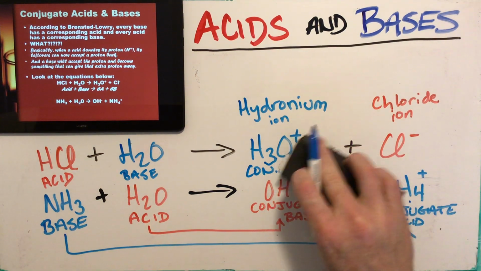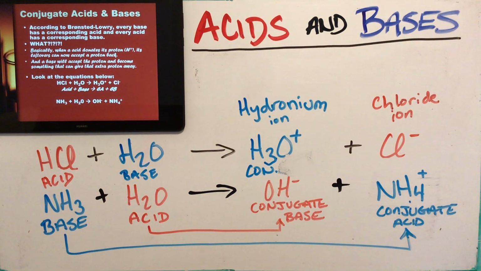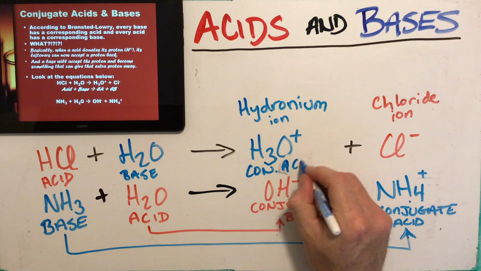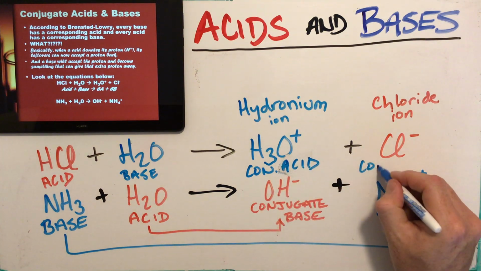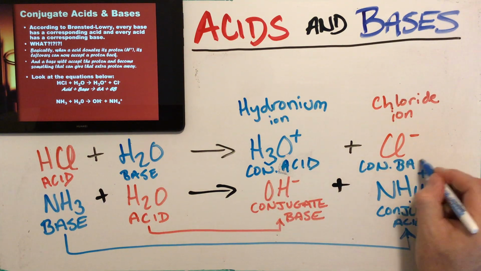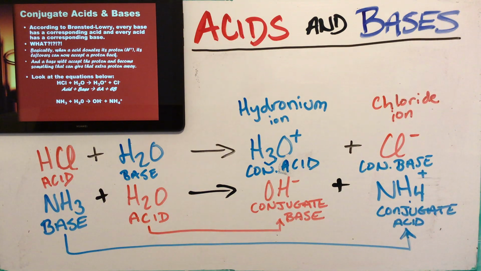Conjugate acid. I wrote the same thing as below. This is my conjugate acid, and this is my conjugate base. All right? The base, what does it form or leave behind? This thing. The base becomes the acid.